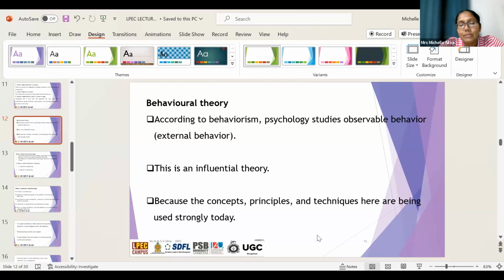Since behavior is external and observable, we can get some idea about the human mind when we observe this external behavior. In psychology, behavior is very important; it is a mirror image of the feeling and emotion of a person. Again, I will tell you, behavior is the mirror image of the feeling and emotion of a person.